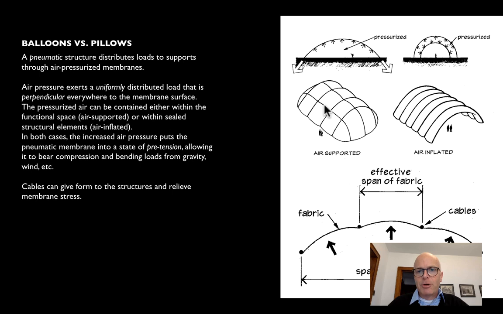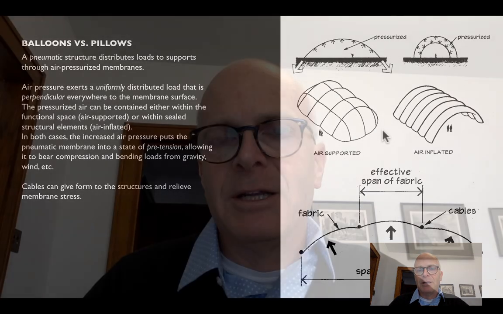And so this network of cables attached to anchorages in the ground helps both to hold the thing down, to keep the air pressure from lifting it up into the air, but also allows us to control the shape somewhat even under windy conditions.